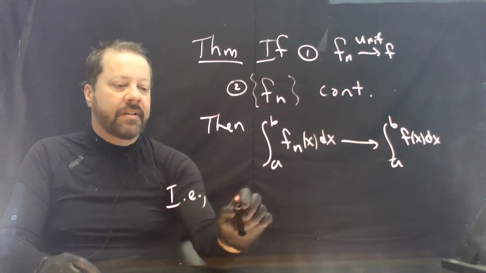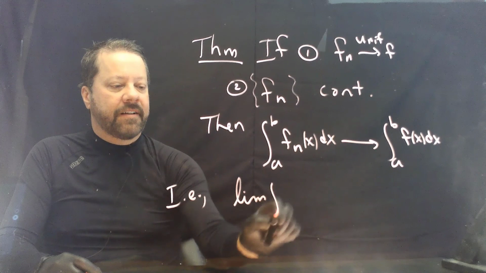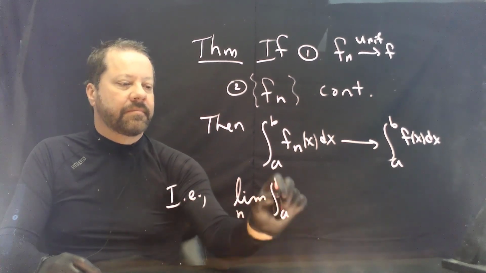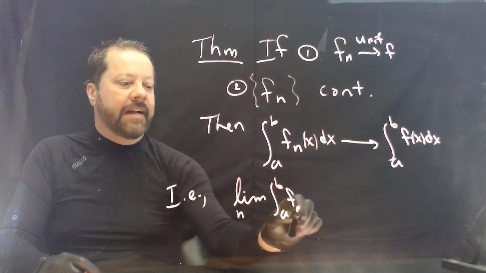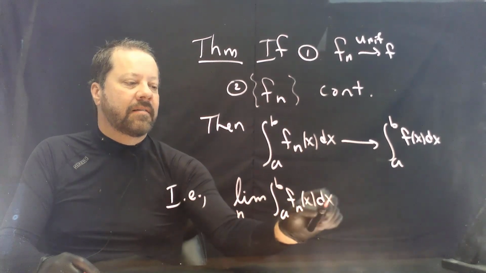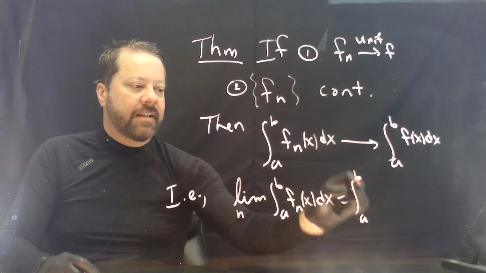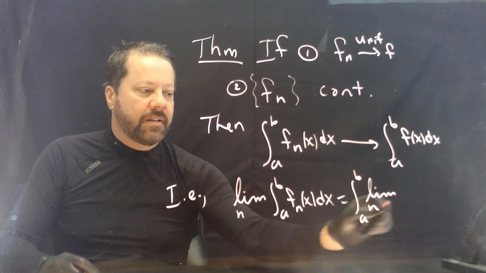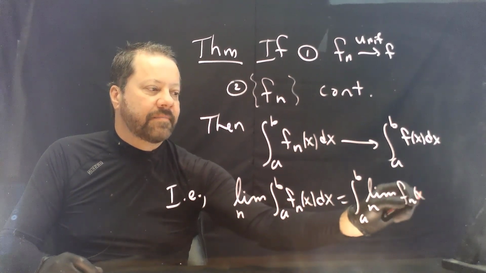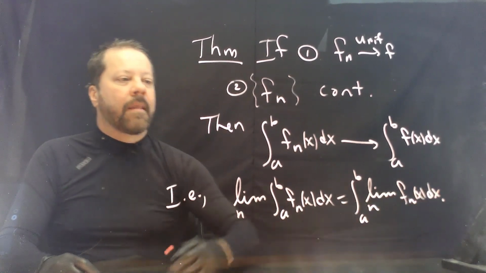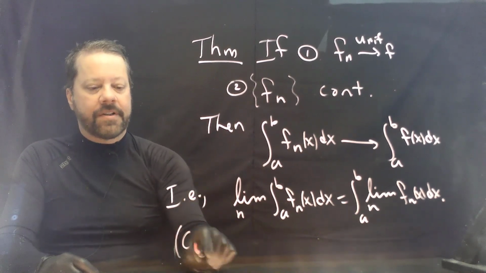That is, if you take the limit of these integrals as n goes to infinity, you get the same thing as if you put the limit on the inside. We call this convergence in the mean.